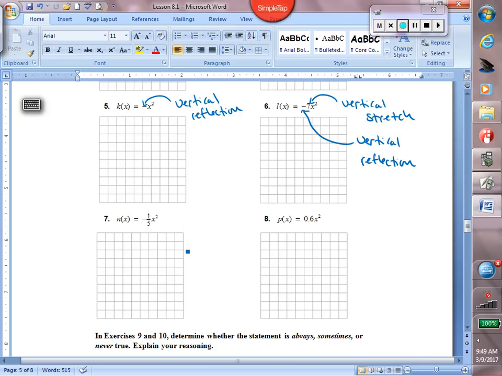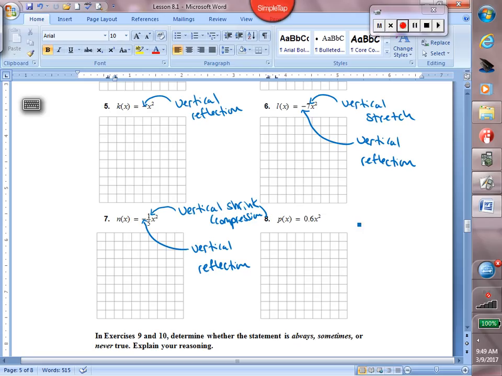In number 7, we do have a negative sign, so we have a vertical reflection. And then we're multiplying by 1/5. 1/5 is smaller than 1, so we're going to have a vertical shrink. Or again, if you want to say vertical compression, you may.